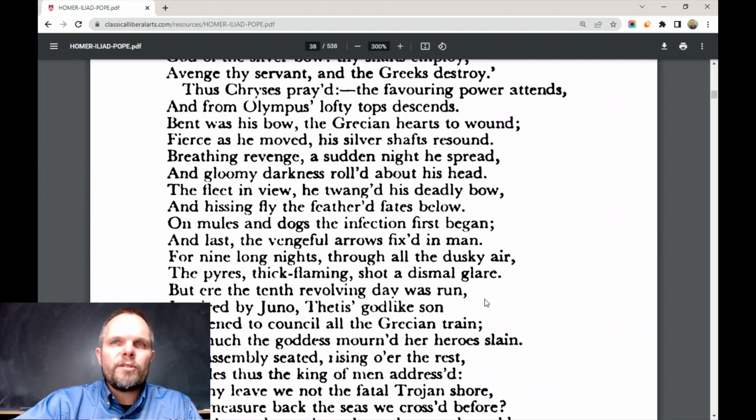On mules and dogs the infection first began, and last the vengeful arrows fixed in man. For 9 long nights through all the dusky air, the pyre's thick flaming shot a dismal glare.